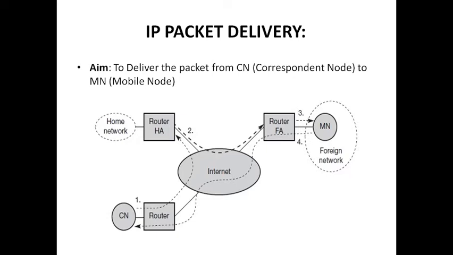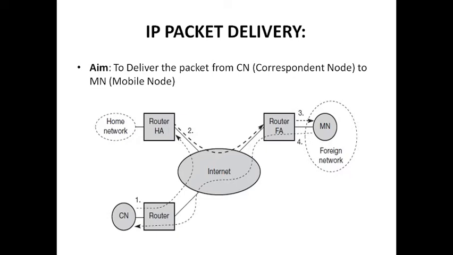So CN does not know the MN's current location, so it will directly send the packet to the home network. The internet also will not know the current location of the mobile node. So what will the internet do? The internet will also forward the packet to the home network of the mobile node, whether the mobile node stays in the home network or not.